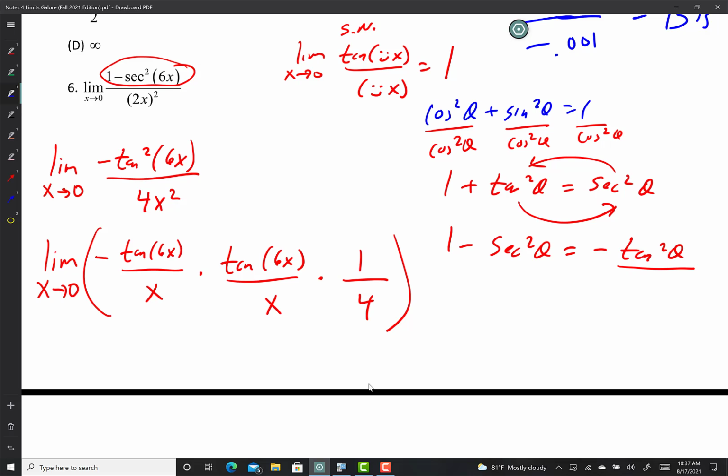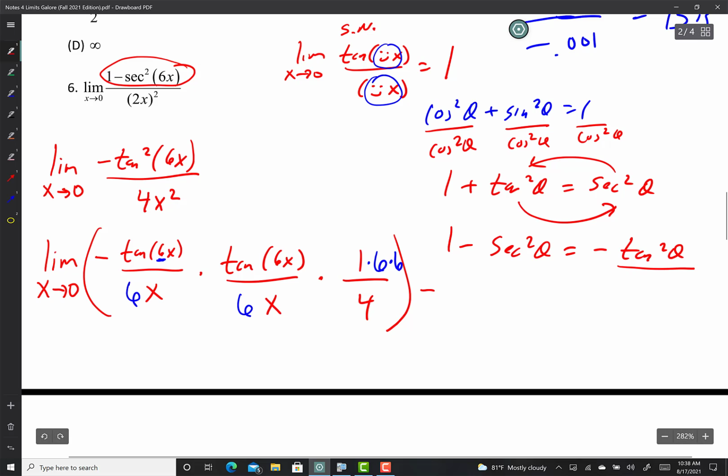Not a 4, so I put a 6 in the bottom, and I put a 6 on the top to balance it out. I need the insides to match. See? So I needed a 6x here, because I need it to be a tan 6x. I need the same thing on the next one, guys. So put a what in the bottom, and then put a what in the top again. Another 6. So now we are ready.